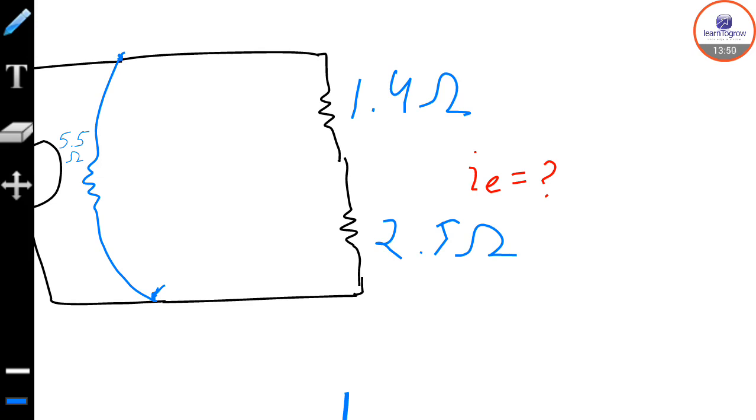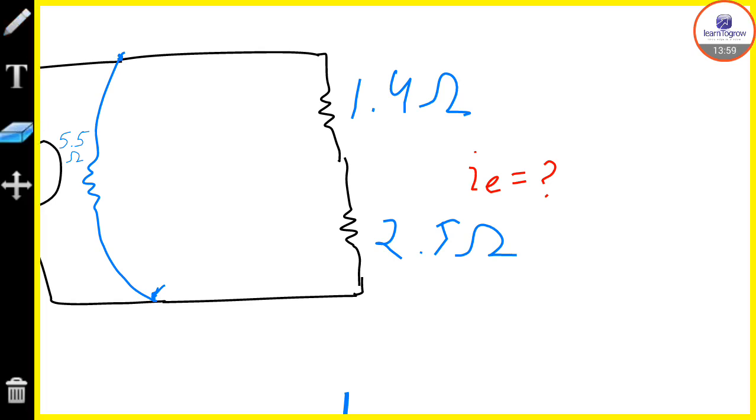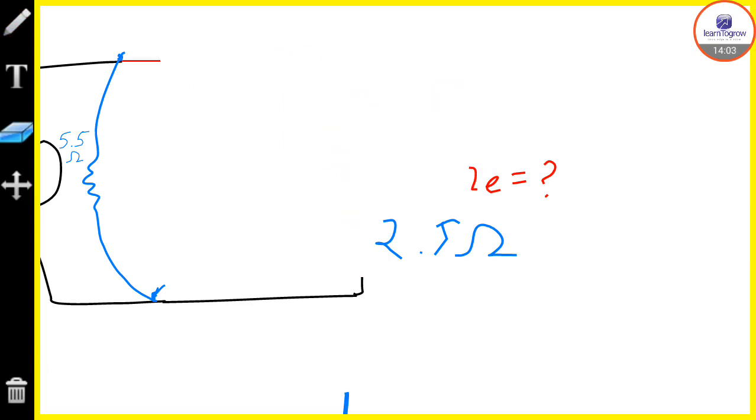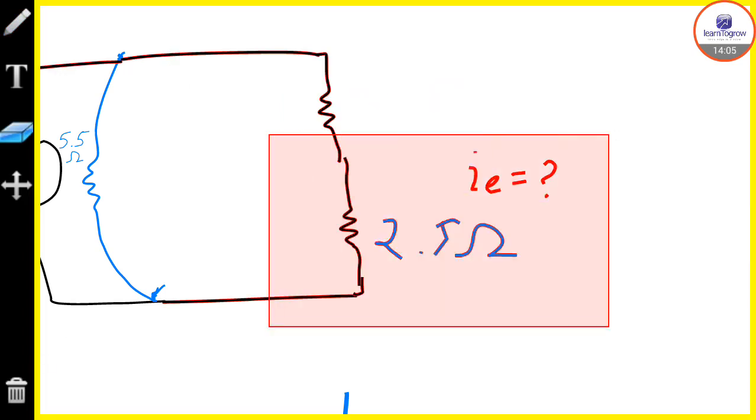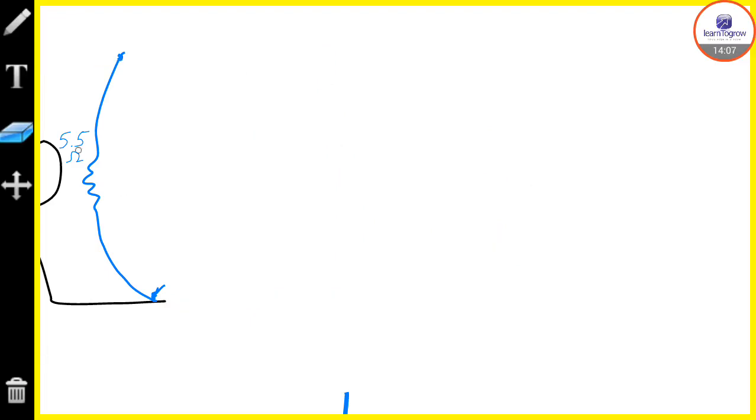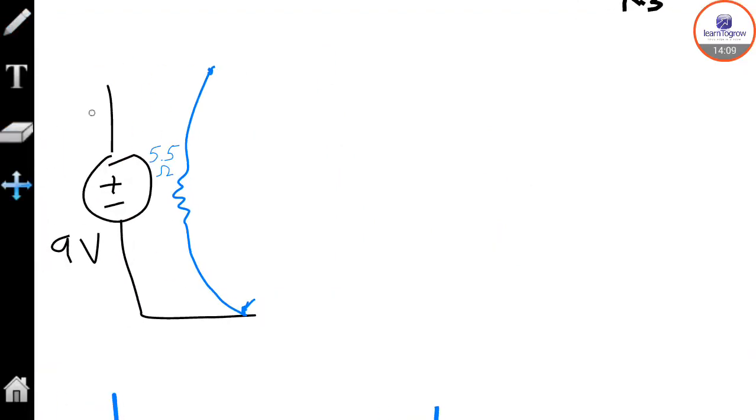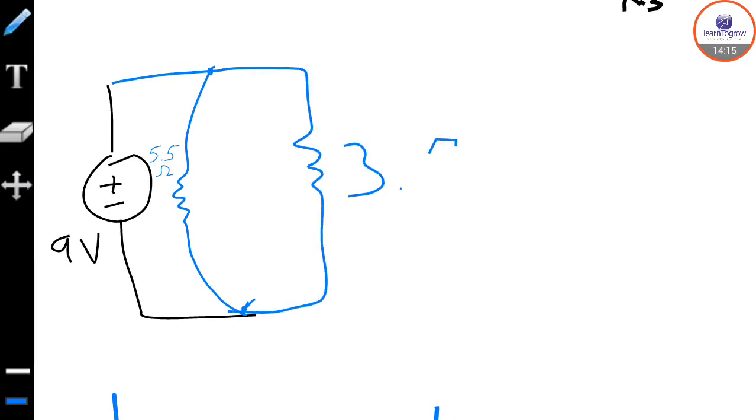We will simply add them. 0.5 plus 3.96, so 3.96. I'll take it as 3.9 ohm.